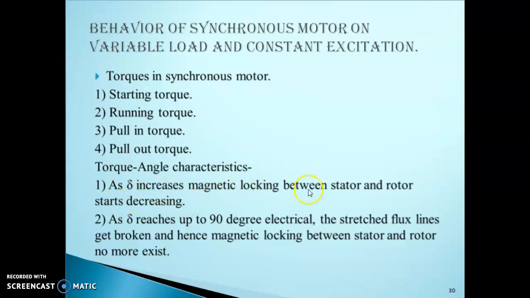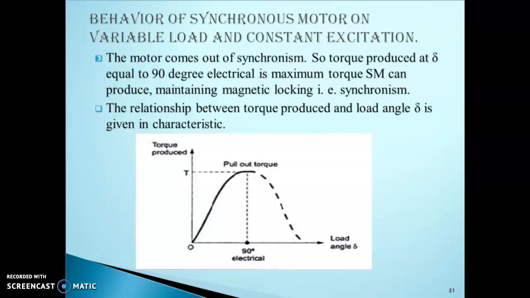As delta increases, magnetic locking between stator and rotor starts decreasing. When delta reaches 90 degrees electrical, the flux lines get stretched and broken, as we have discussed, and the magnetic locking between stator and rotor no longer exists. So the torque produced at delta equal to 90 degrees is the maximum torque while maintaining the magnetic locking.